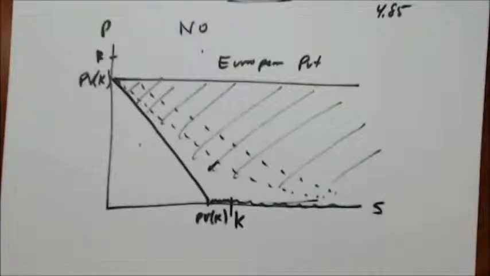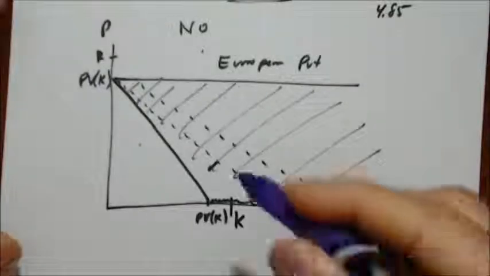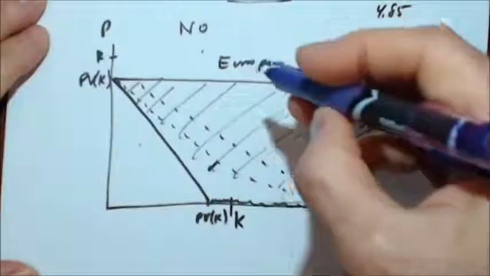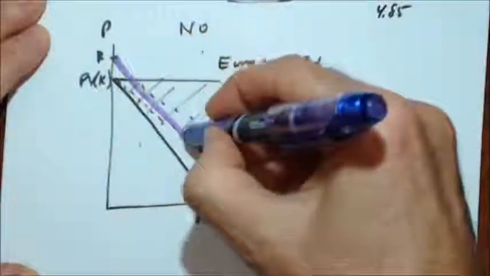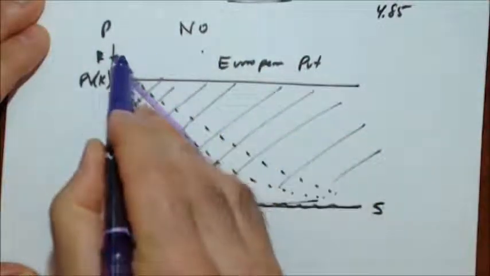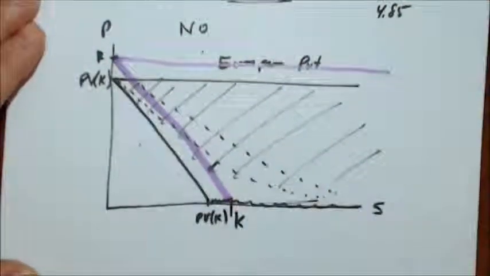If you wanted to superimpose, let me see if I can get another color here for you. Superimpose purple. The American boundary, just for comparison's sake, I'll put with this thick purple marker here. Here's the American boundary. It is a little different.